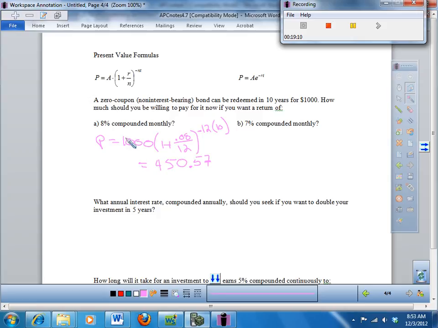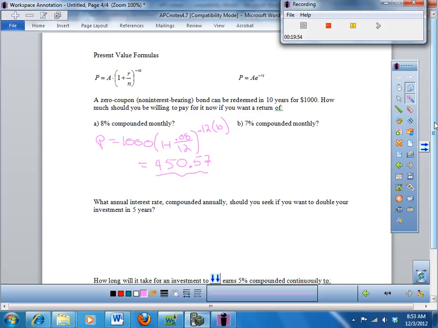In this case, that aunt of yours or whoever she was said, here, Johnny, here's $1,000, but she only paid $450. And this works the same way. I'm not going to do this one. You just plug into this formula instead.